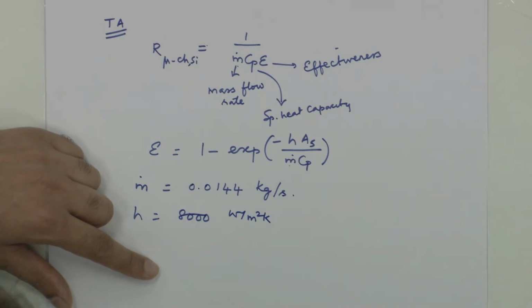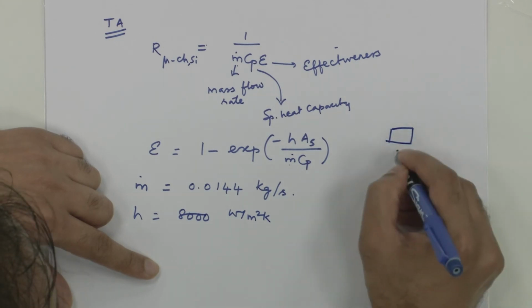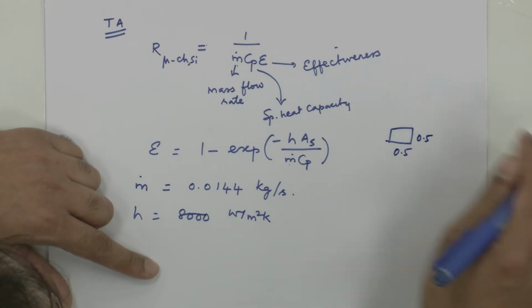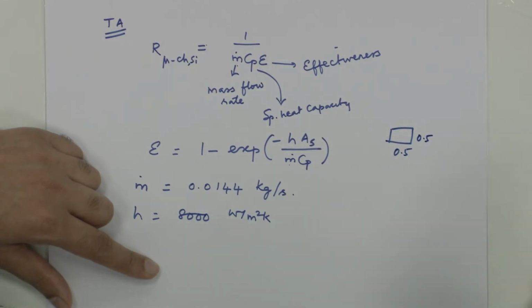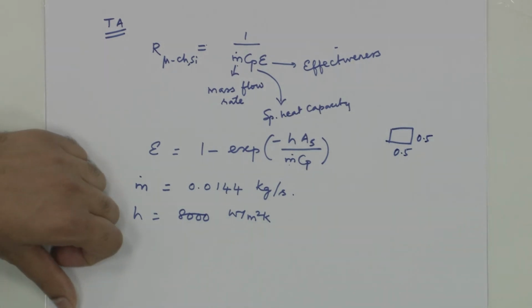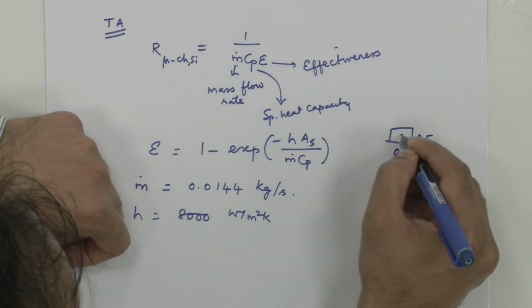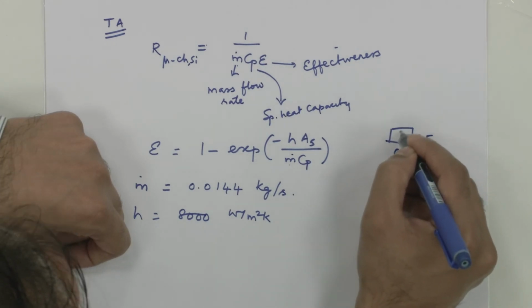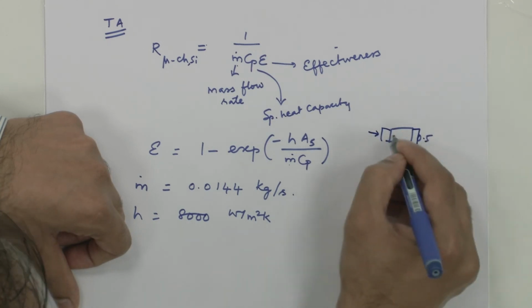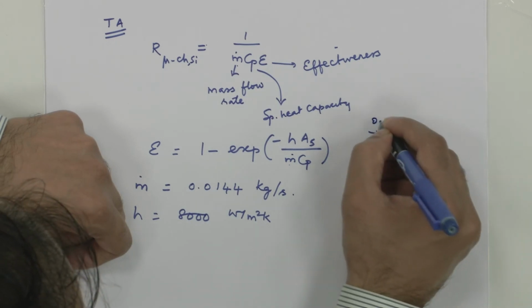And the microchannels have a cross section for a single channel of about 0.5 by 0.5, and the fin thickness is given as 0.5 mm.